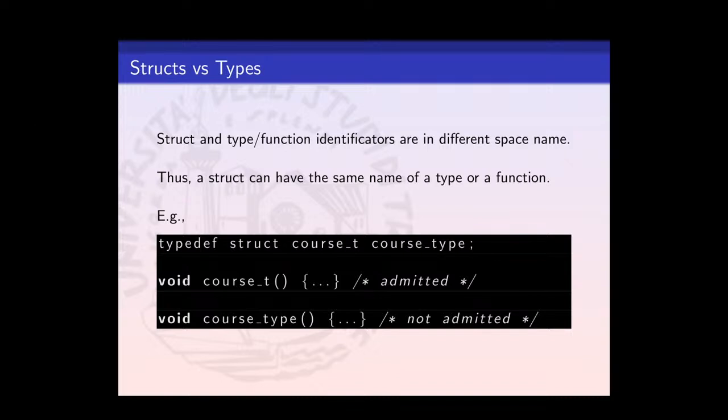So if I have the struct course_t, I can define the function course_t, but this doesn't hold for the types included in the list of types of the program we are writing. By defining the type course_type by using the typedef reserved word, I'm not able anymore to define the function course_type. So using the reserved word struct may be useful for that.